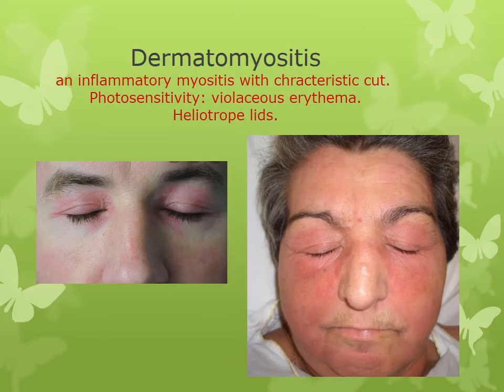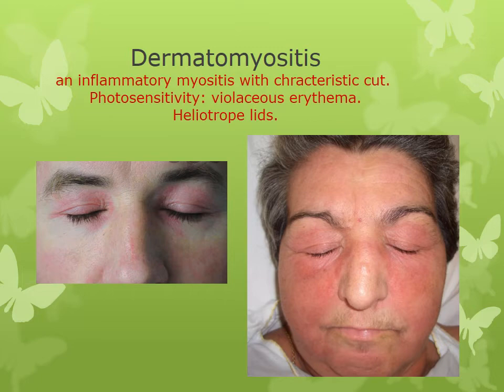Let's move to the next autoimmune connective tissue disease, dermatomyositis. This is an inflammatory myositis with characteristic cutaneous manifestations. The cutaneous manifestations include photosensitivity and violaceous erythema, which, if you see one case, you will not miss the other case.